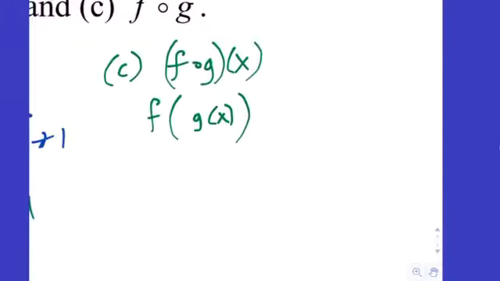But what would you anticipate us getting here before we actually do the work? X again? Because we're starting with x. Now we're applying g, which takes us over here, and then applying the inverse, which should undo what we just did. It should take us right back where we started. So it should equal x.